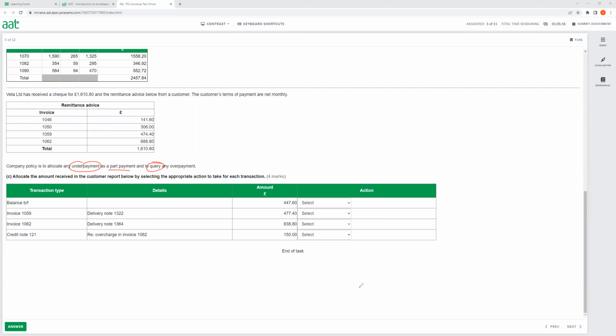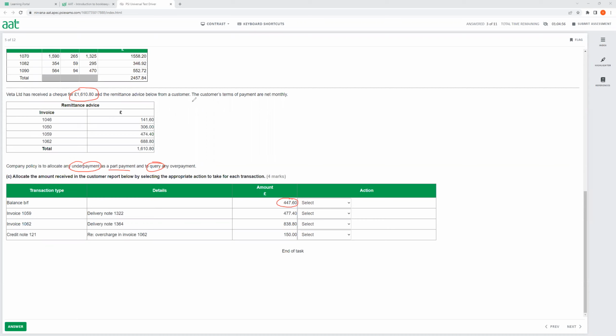The first one we can see is an amount for 447.60. And on the invoice, we can see, because they paid 1610.80. So Veta Limited received a check for 1610.80 and the remittance advice.